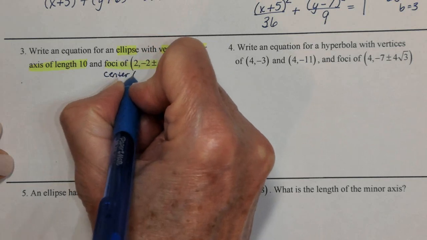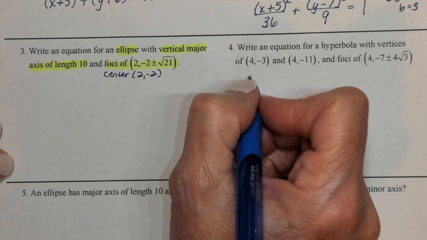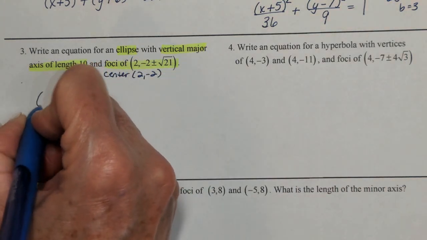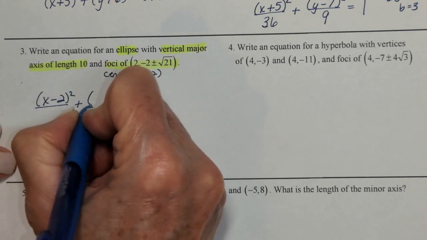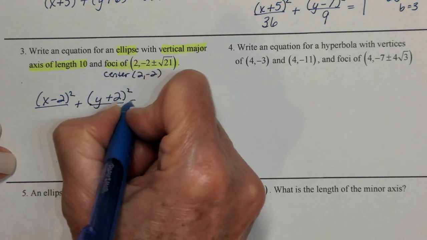The center has to be 2, -2. So I can write part of this already. X minus 2 squared over something plus y plus 2 squared over something is equal to 1.